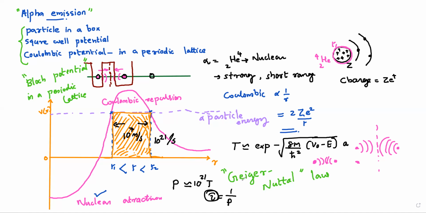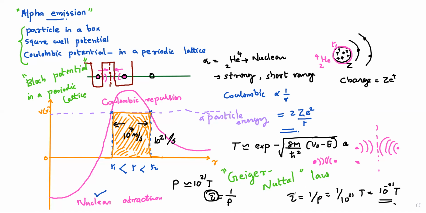Actually, in nuclear physics, we know the average lifetime of a nucleus is the mean lifetime. And we also studied the half-life. So the mean lifetime tau is equal to 1 by P, which is 1 by 10 raised to 21 times the transmission coefficient, or 10 raised to minus 21 times the total transmissions.